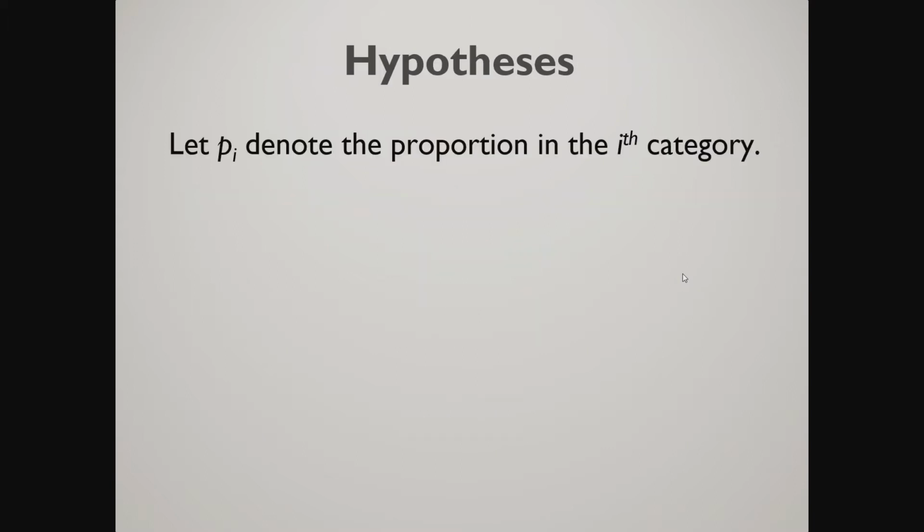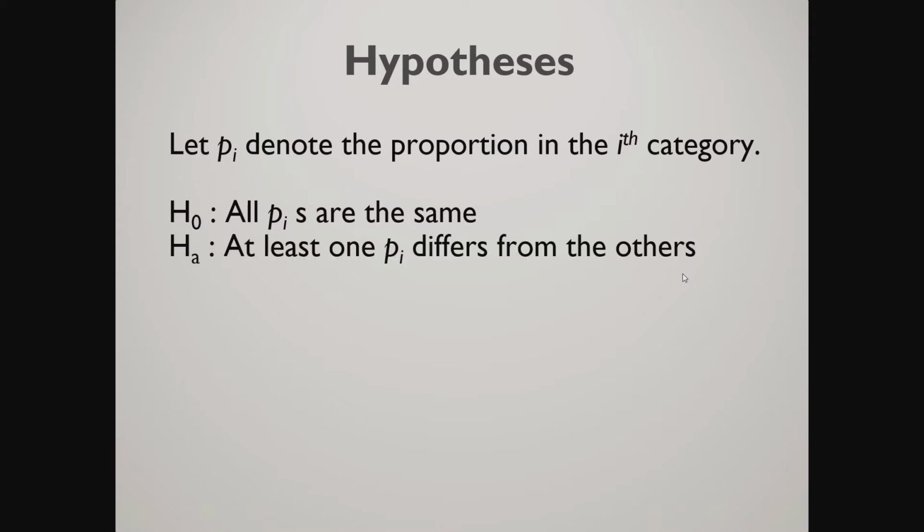So here is our hypothesis in general. P is going to denote the proportion in the ith category. So we have a number of categories. It's a categorical test, and P is the proportion that we should expect. The null hypothesis, like I said, is that they're all the same, or another way to say that is they're all equal, which is what I said on the last slide.